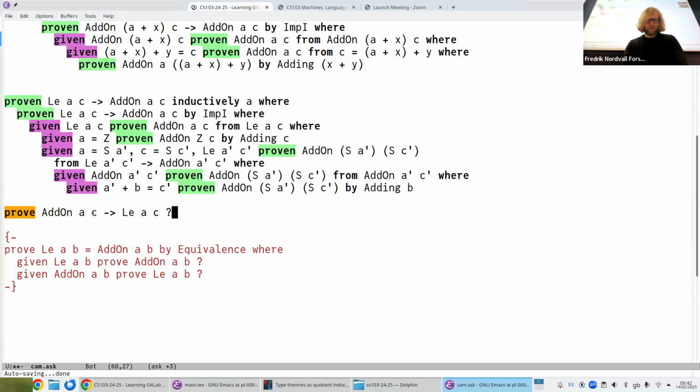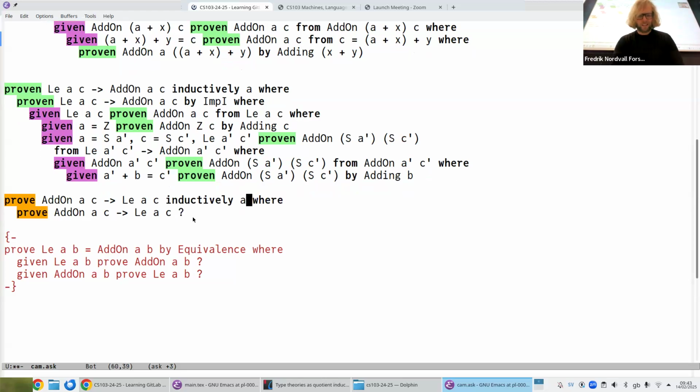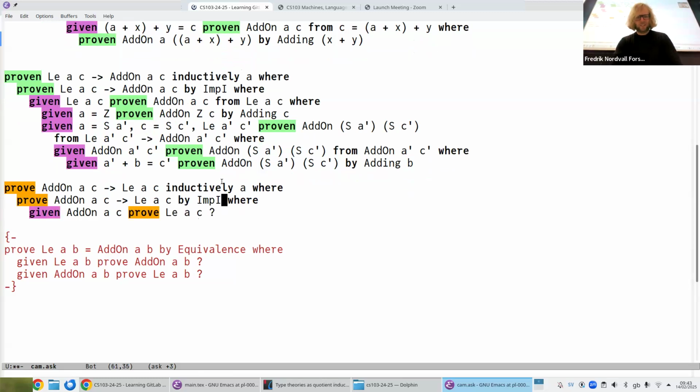So this time we want to show that if we have add-on AC, then we know that A is in fact less than or equal to C, right? And I think we're going to start in a very similar way. We are not going to be able to do this in one go. We need to do some induction. So I'm going to start by saying inductively A, and then I'm going to do an introduction.